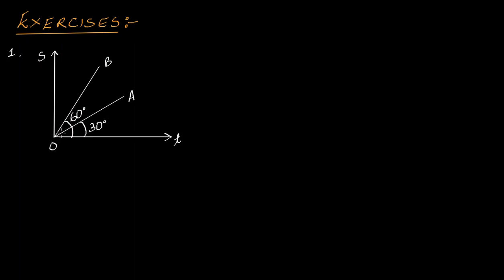We can see here that the line OA is making an angle of 30 degrees with the x-axis, whereas the line OB is making an angle of 60 degrees with the x-axis. So what is the question here? You have to find the ratio of the velocity of A to the velocity of B. That means VA by VB is equal to how much? That is what you need to find.